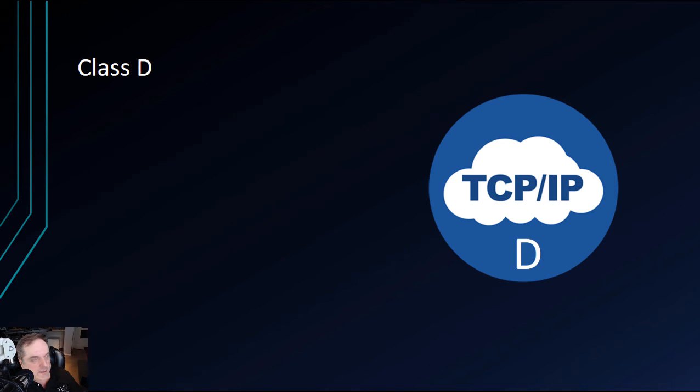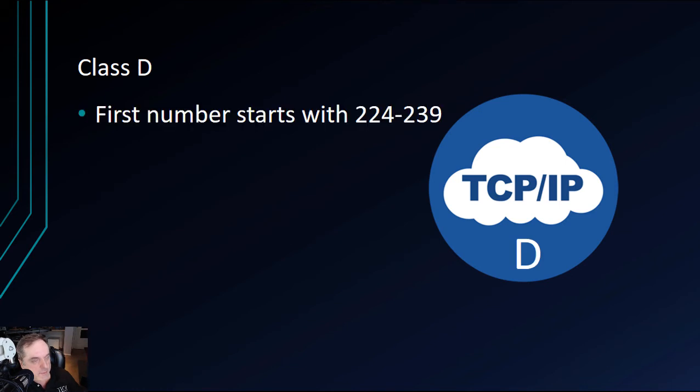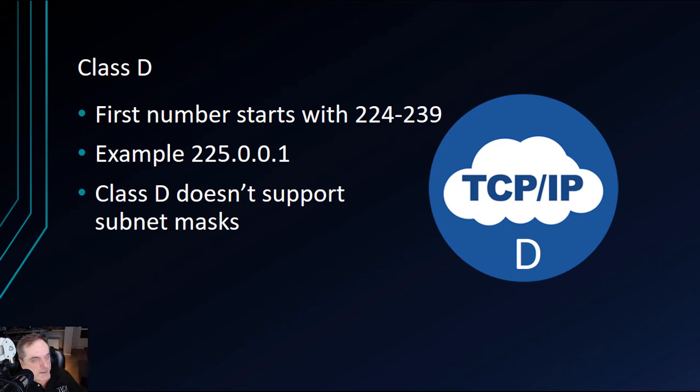Class D, yes, there is a Class D in TCP/IP, and the first number starts with 224 through 239, so not a really large set of numbers here. An example here would be 225.0.0.1. Class D doesn't support subnet masks, so unlike Class A, B, and C, where we had 8, 16, and 24-bit subnet masks, there is no subnet mask in a Class D network.